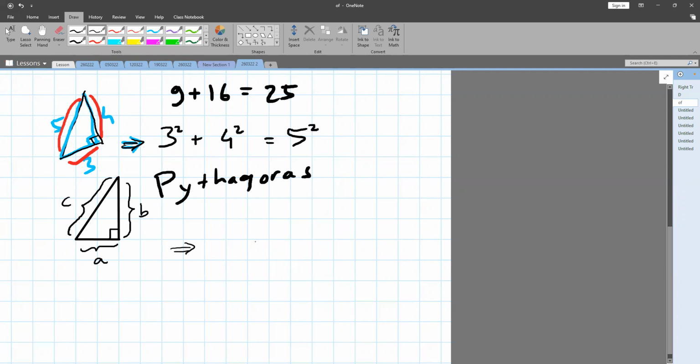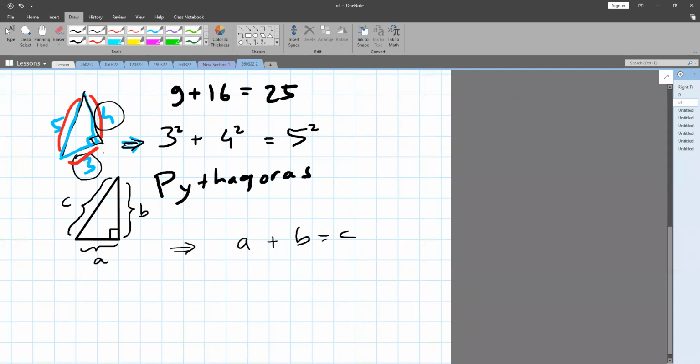Do you agree that the Pythagoras formula for this right triangle gives you A plus B equals C? Yep, I think. No, see, when you look at this number, if you add them, 3 plus 4... Oh no, A squared plus B squared equals C squared. Yeah, that's the correct one.